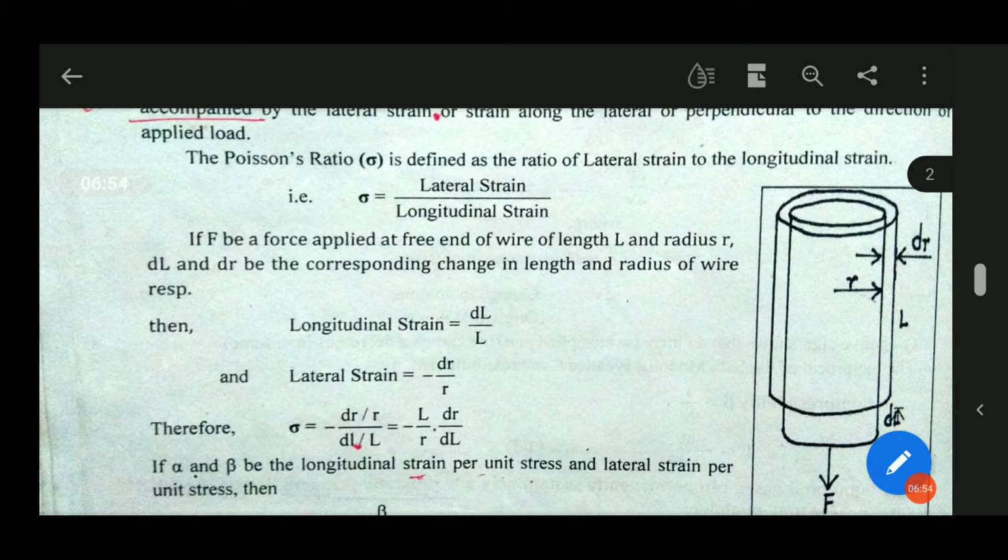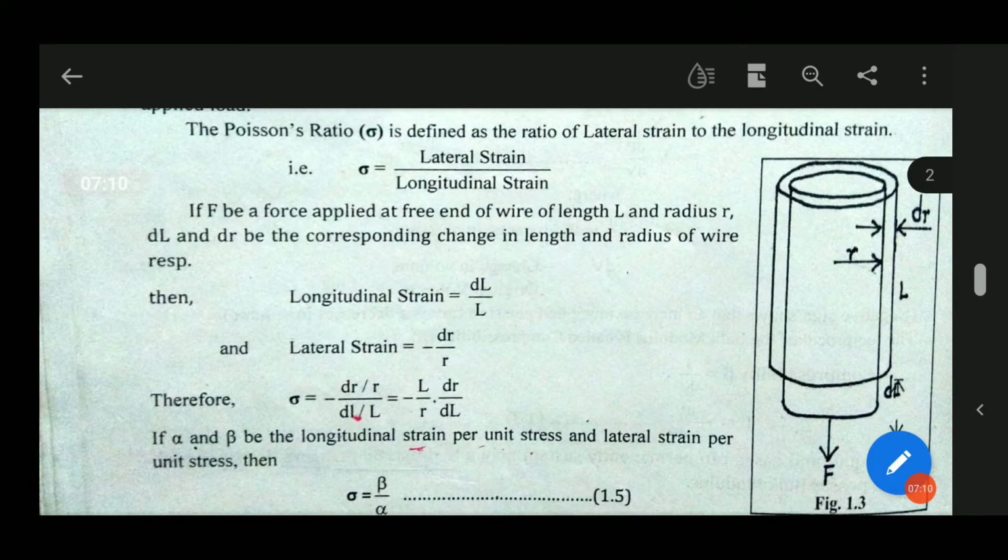So longitudinal strain is equal to change in length upon original length, and lateral strain is equal to change in radius upon original radius. Here the negative sign shows that the radius of the wire decreases. Therefore, Poisson's ratio sigma is lateral strain upon longitudinal strain, which is minus dr upon r divided by dl upon l.